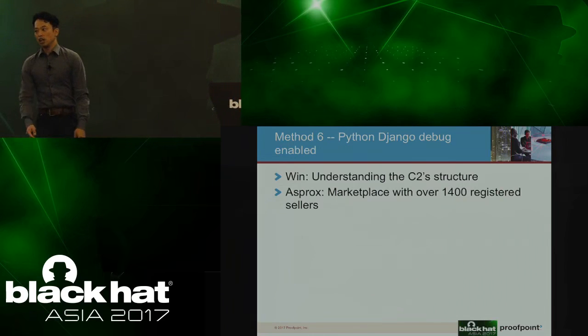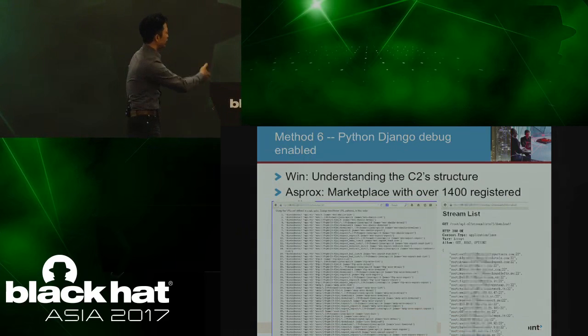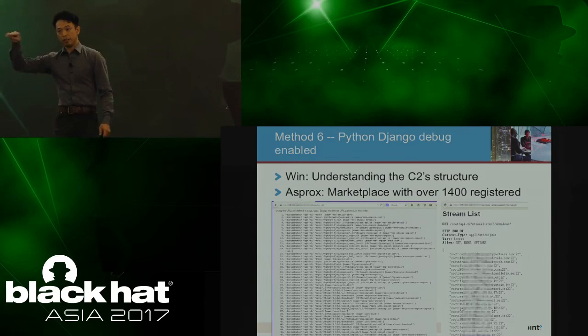Asprox. They were one of the super active spam actors a few years back. They turned it on, which allowed us to list out their URL mapping, and that's a feature of Django debug mode. From their URL mapping, we're able to map out their Python API.